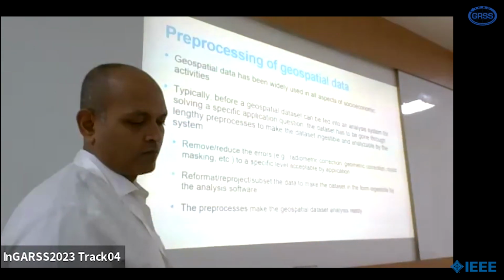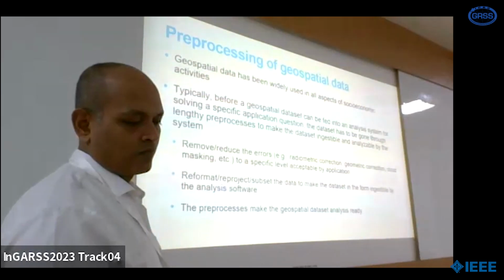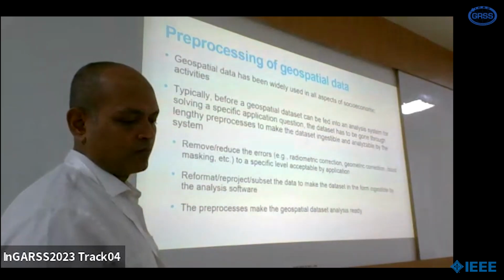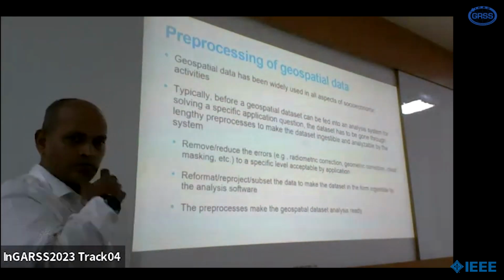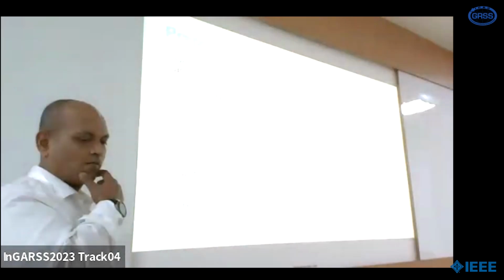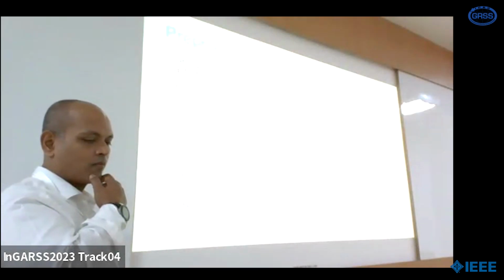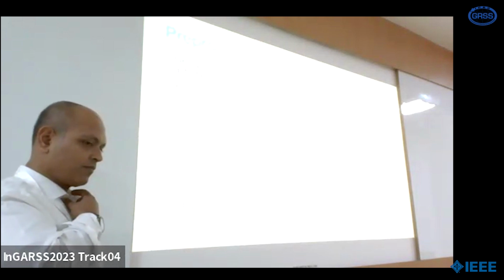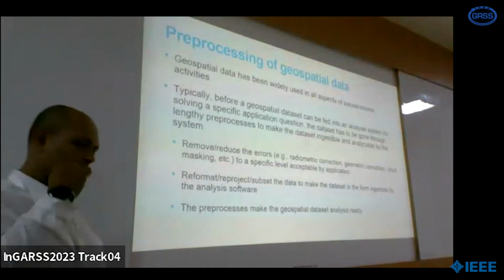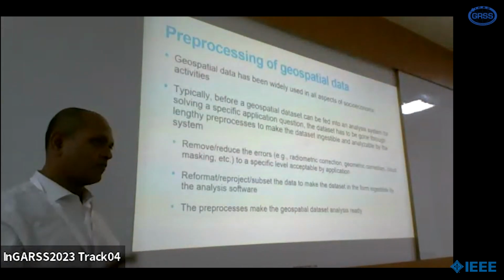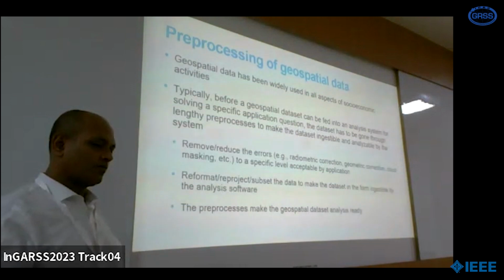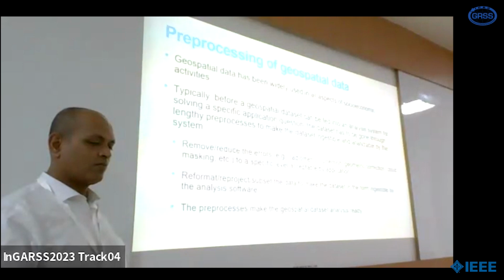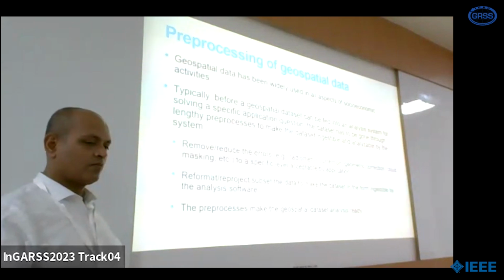The required pre-processes include removing or reducing the errors in the data set. For example, we need to do geometric correction, color masking, and other kinds of processing to bring data to a certain level of accuracy that can be accepted by the application.